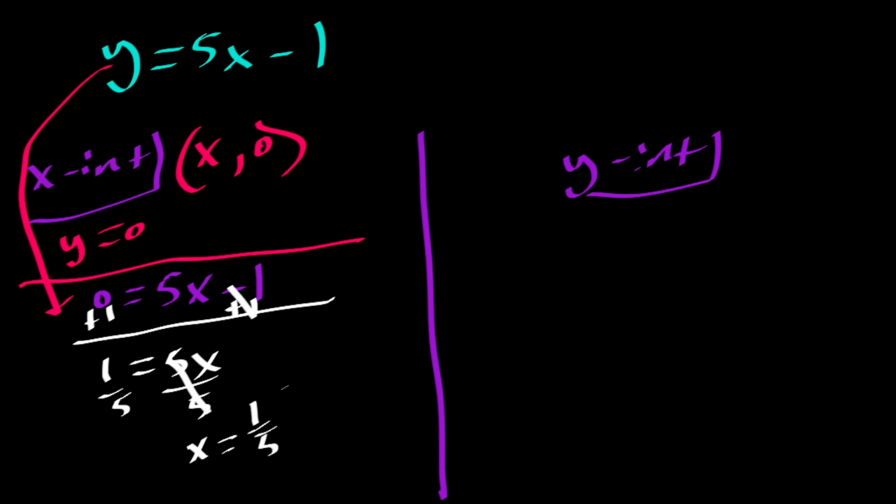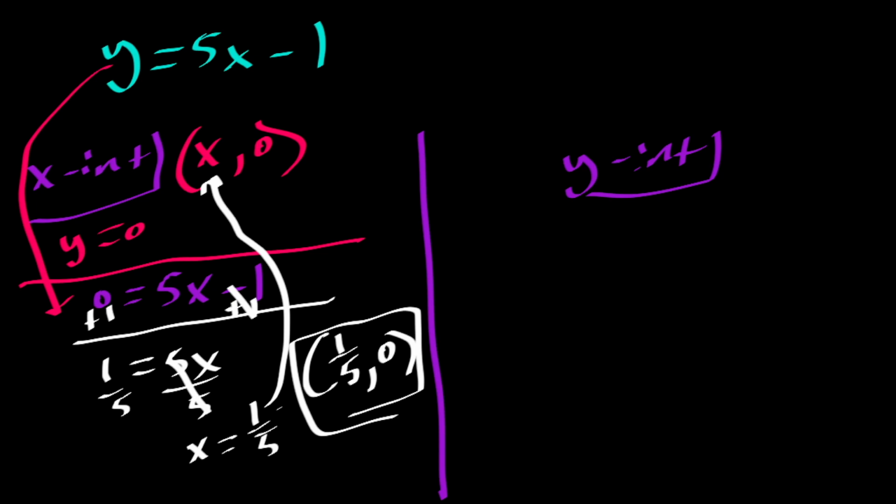To technically write our answer, we substitute this 1/5 in for x. Our actual x-intercept is going to look like an ordered pair, (1/5, 0), and that would be my answer.